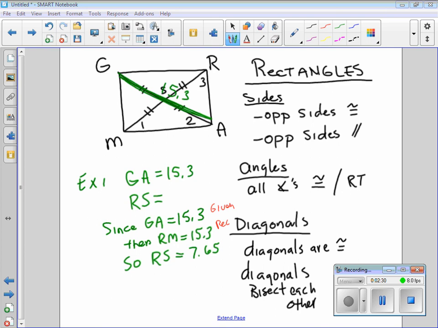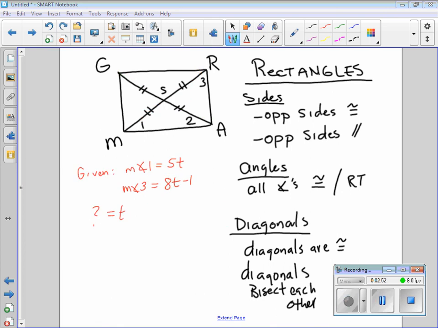Rectangles, diagonals are the same. Since RM is 15.3, we're looking for RS. The diagonals bisect each other. That means RS is half of the entire thing. So I just took 15.3 and divided by 2, and I got 17.65.